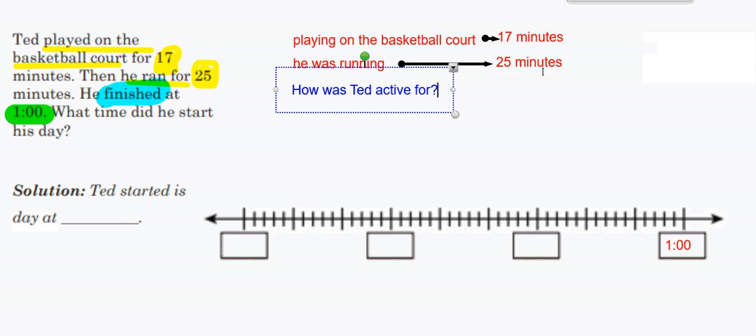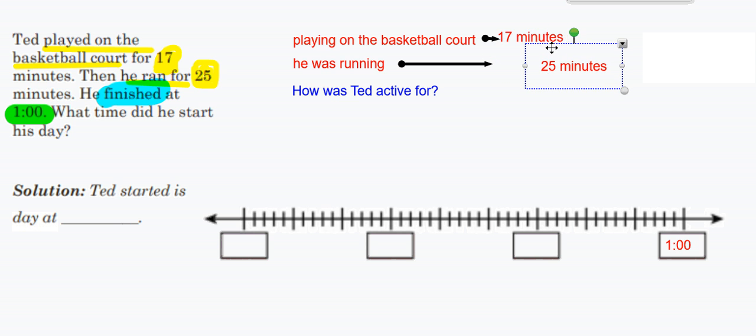And to do that, what do you need to do with these numbers right here? Correct. You need to add those numbers to know how long he was active for. Once you're done adding these numbers, what is your next step?